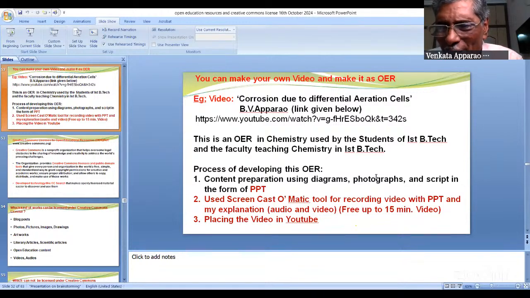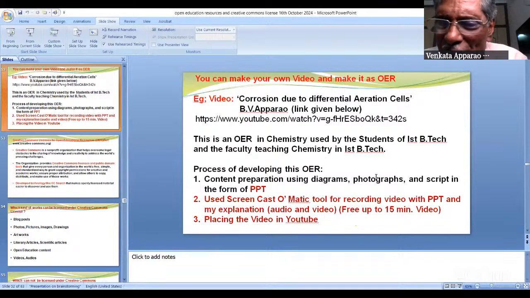I am seen there. Your face will appear, your voice will be heard, your explanation will be heard. Both audio and video option is there. You make use of that option.